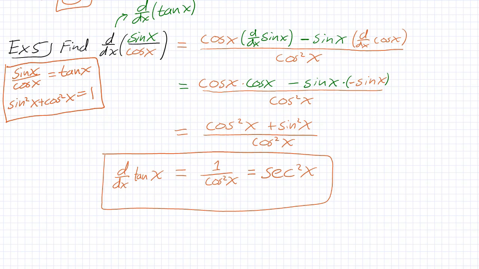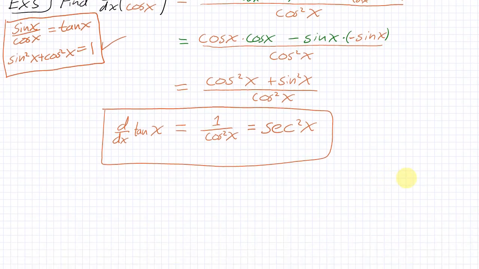It works out here, so you get cosine squared plus sine squared, which according to our most important trig identity ever is equal to 1. So just to summarize this rule here, this is the formula for the derivative of the tangent function, 1 over cosine squared of x, which you can also write as secant squared of x. I prefer to just use fractions instead of bothering with the secant and cosecant notation, but it's up to you.